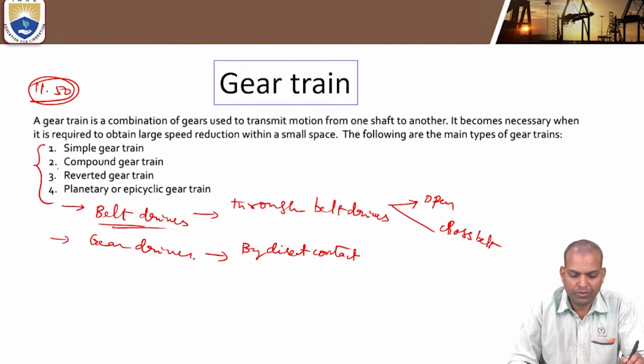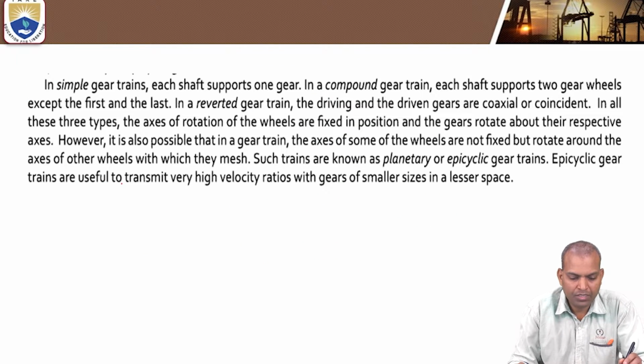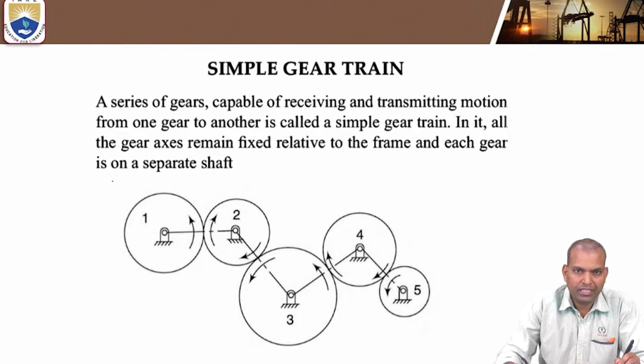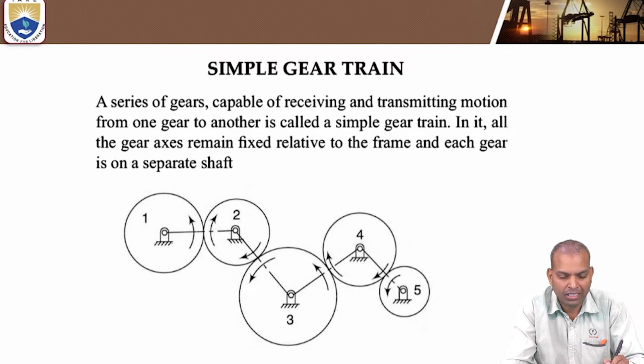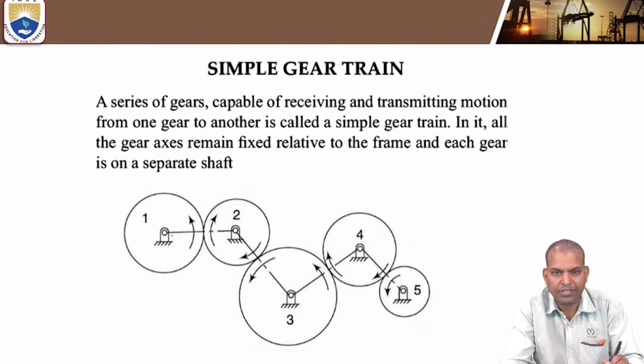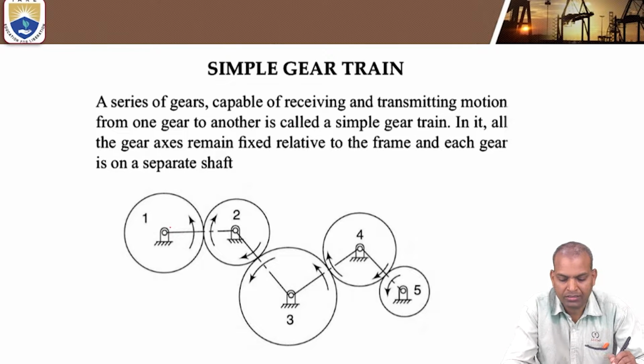So what is a simple gear train? A simple gear train is a series of gears connected, capable of receiving and transmitting motion from one gear to another. In this, all the gear axes remain fixed relative to the frame, and each gear is on a separate shaft.